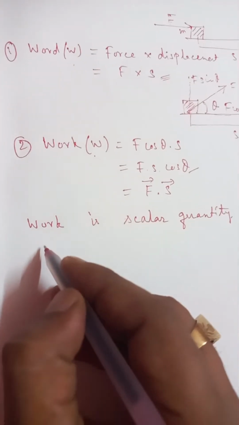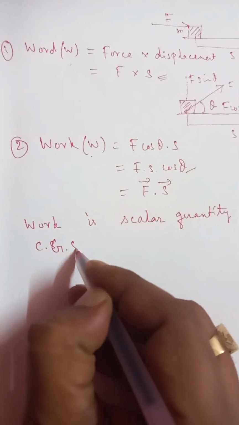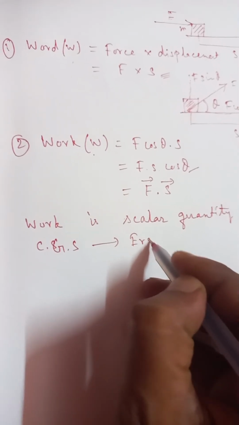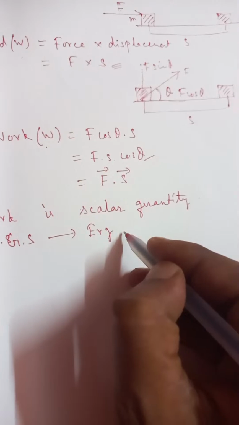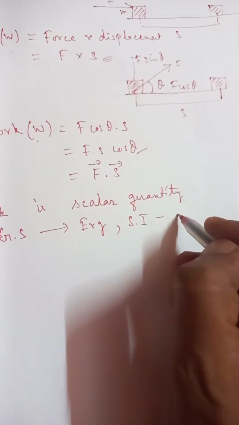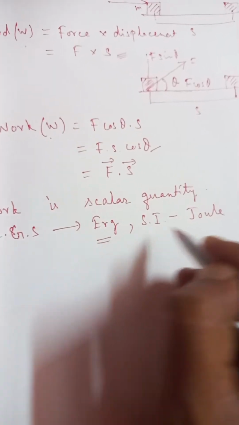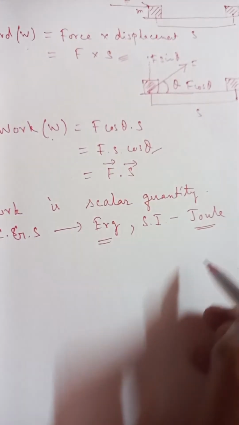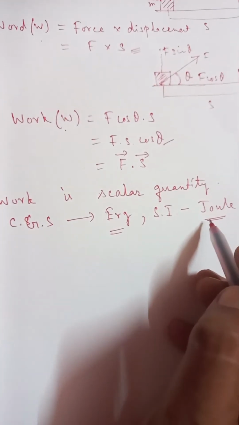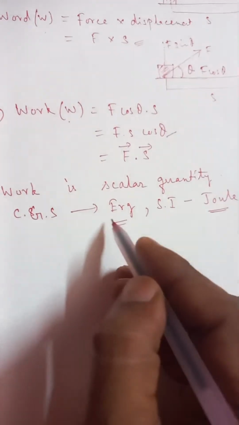Its CGS unit is erg, and the SI unit is joule. We can very easily establish the relation between the joule and erg, the SI unit and CGS unit.